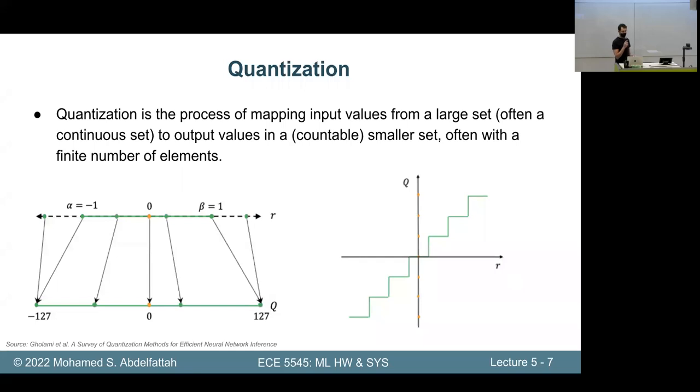That's called quantization. And quantization is not a new thing. If you took any communication course or classical engineering courses related to communication, they talk a lot about quantization, because in communication you're sending waves, and waves have continuous values, and then you need to sample them and quantize them, send them through an analog to digital converter, and deal with them in the digital domain using bits. So quantization has been around for a long time.